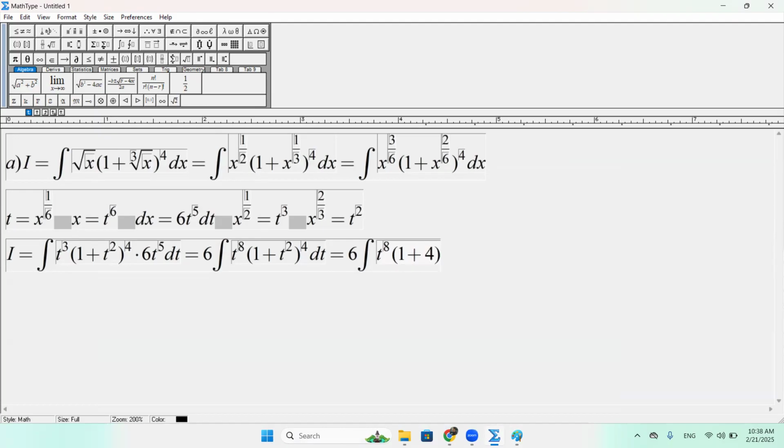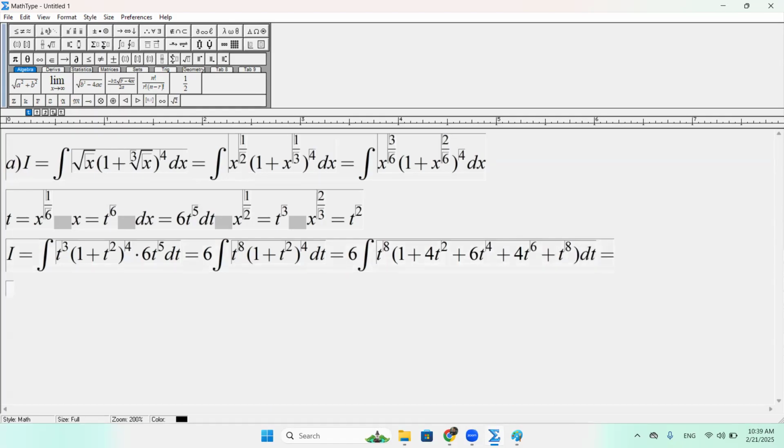Plus 4t square plus 6t in power of 4 plus 4t in power of 6 plus t in power of 8 dt.